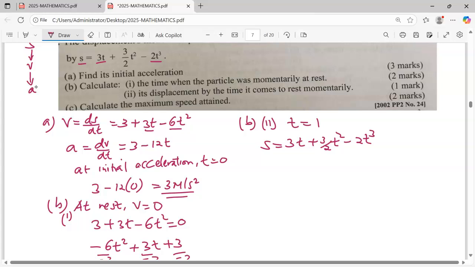When t is 1, we have 3 times 1, plus 3/2 times 1 squared, minus 2 times 1 cubed. 3 times 1 you get 3.